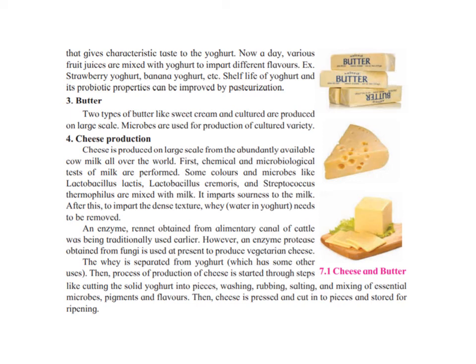Nowadays, instead of using any animal product, we use microorganisms to create products which have similar properties to the original ones that we used to get from animals. So nowadays we have an enzyme called protease, which is obtained from a fungus, used to produce vegetarian cheese. So instead of using what was available in the gut of the cattle, we are using a microorganism-produced thing. So the whey is separated from the yogurt.